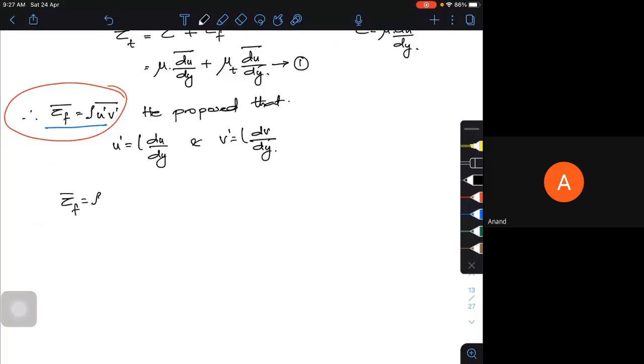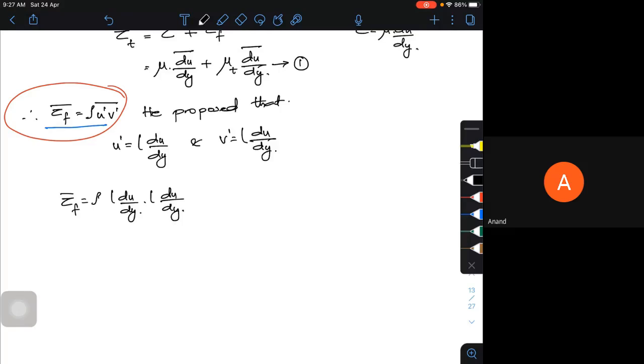I have rho as it is. So u dash I can write as L into du by dy, then v dash I can write as L into du by dy.